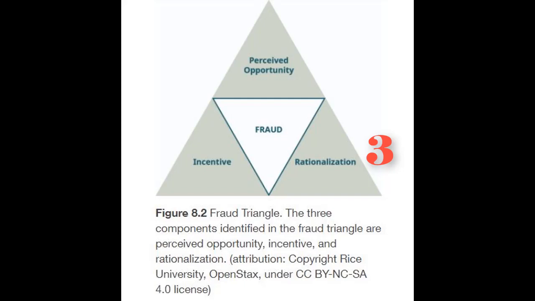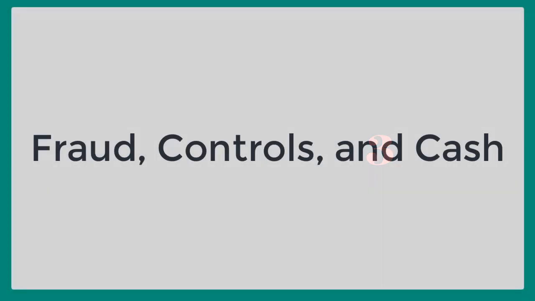Or this person or this company treated me poorly, and thus by stealing from them, I am only getting a little back. That type of behavioral rationalization is what you often find happening in the minds of people who commit fraud. And therefore, it is the third element of the fraud triangle.